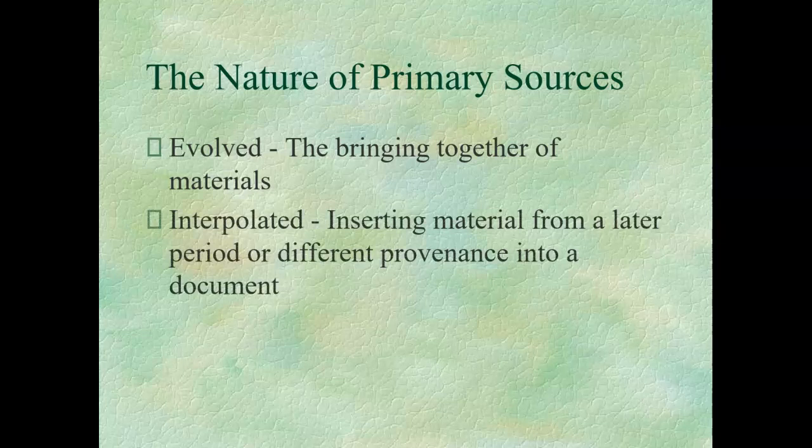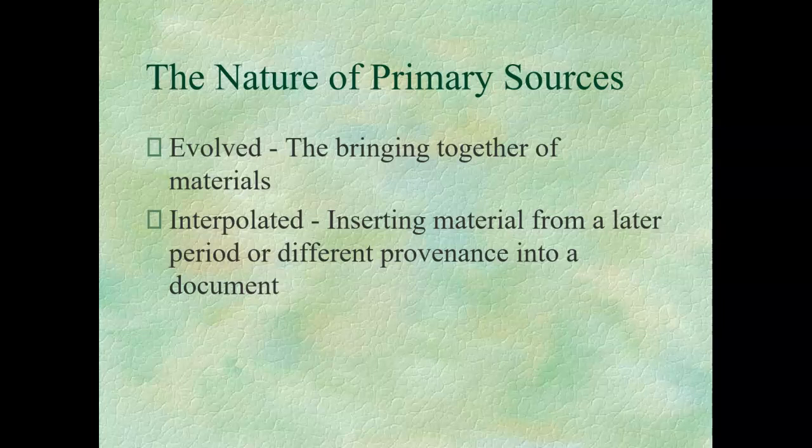And sometimes what we have is interpolation, and that is there may be one author who has written one thing down, but then somebody else comes later on and wants to add to that material. And so they insert, as it were, materials in something, not just adding it on, but they actually put the material inside of it. And so it becomes longer.